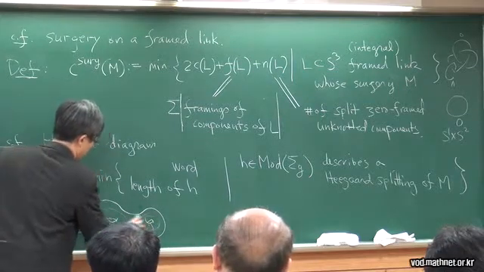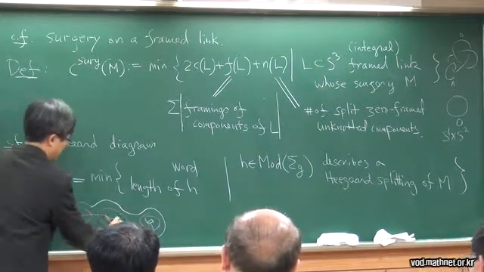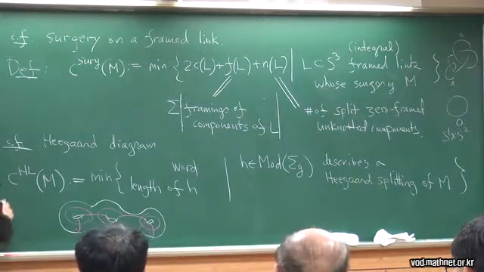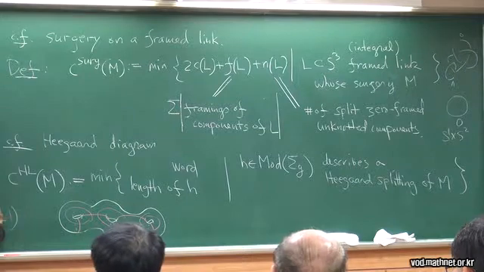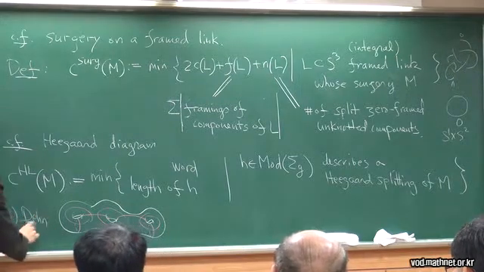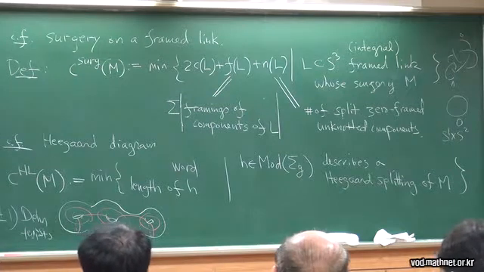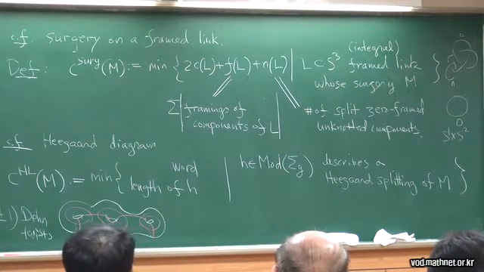So Lickorish proved that, for instance, in this genus 3 case, plus or minus 1 twists along those curves form a generating set for the mapping class group.